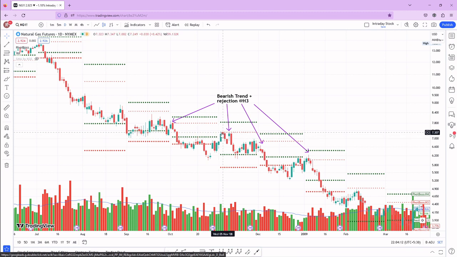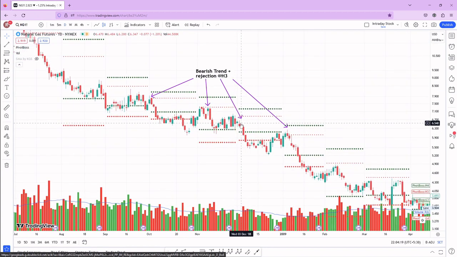And even if you see, it rejected in the month of November and started making new lows. And in the month of December also it started facing resistance and then started coming down, and that did not stop. Even in January 2009 it started facing resistance at the H3 level and started coming down. Clear?